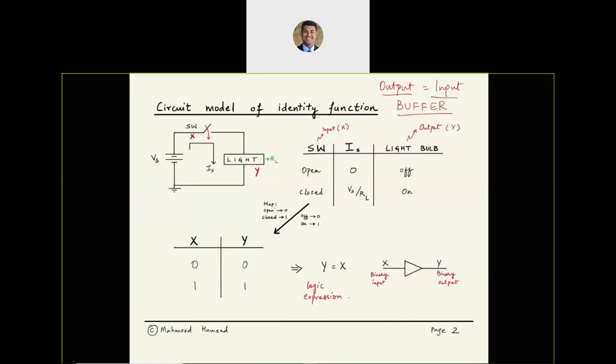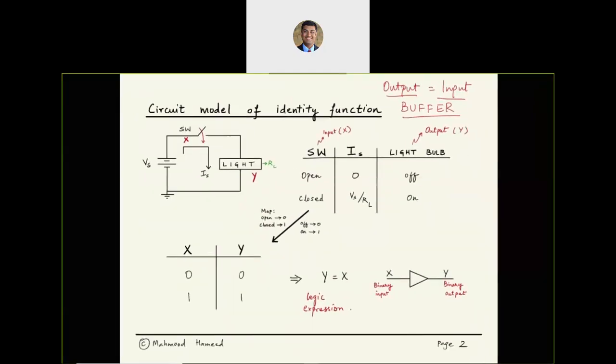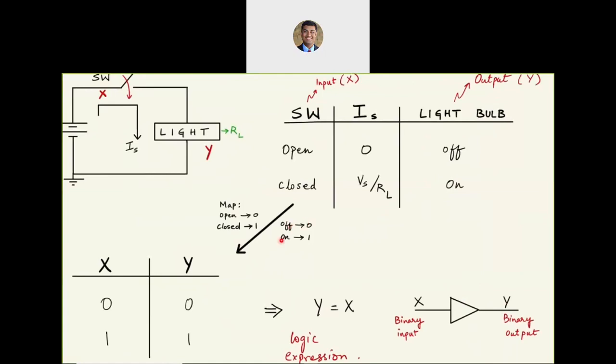And as you can see, if I were to map these states open and closed to a 0 or a 1, as such, open means disconnected, low, 0, and closed is connected, high, 1. And I similarly map the state of the light bulb from off is 0 and on is 1.